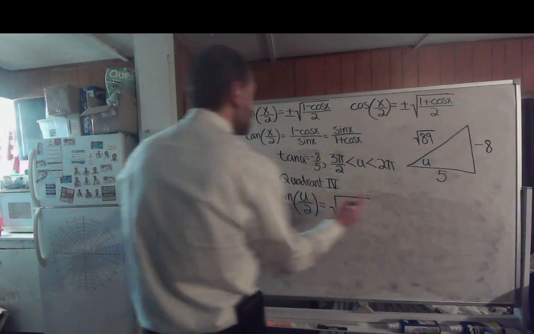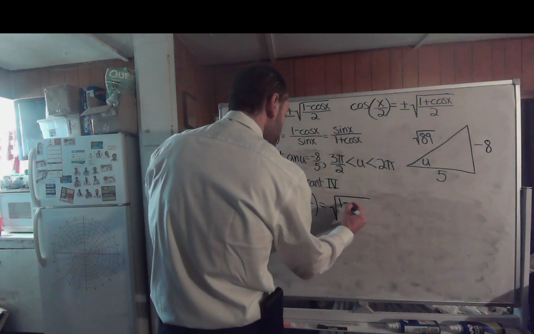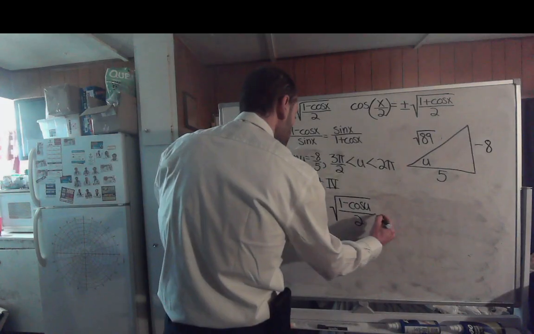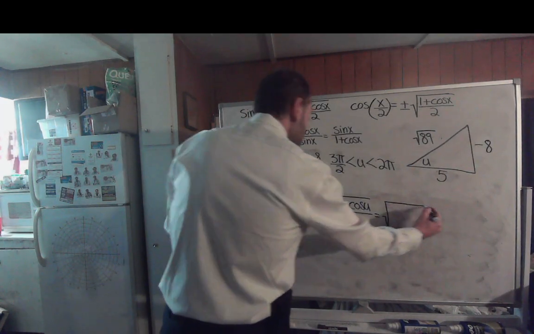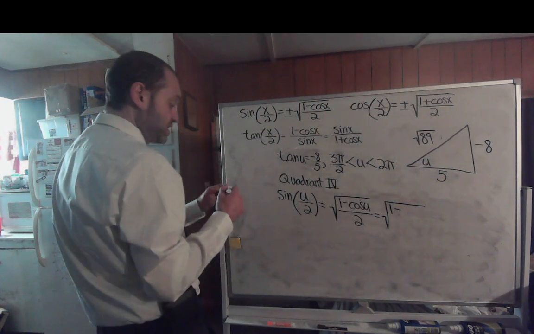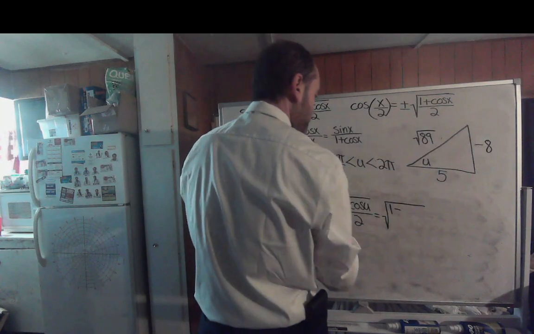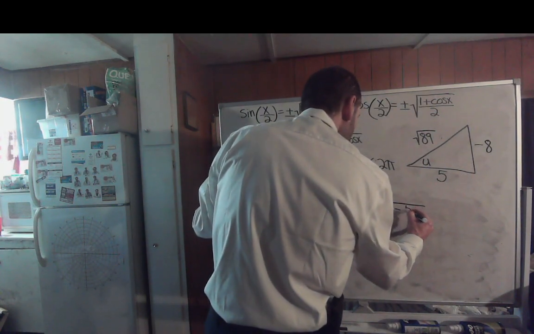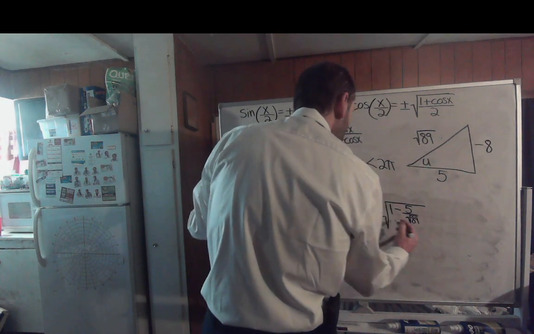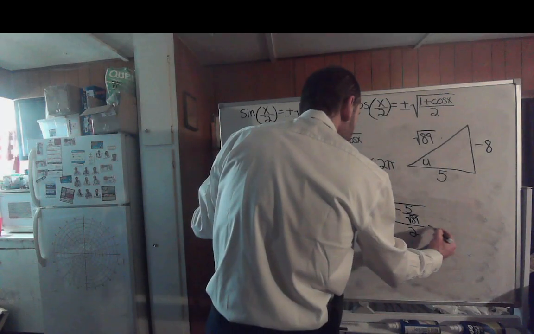So the positive square root of (1 minus the cosine of u) all over 2. The cosine of u itself is positive 5 over the square root of 89, all that over 2.